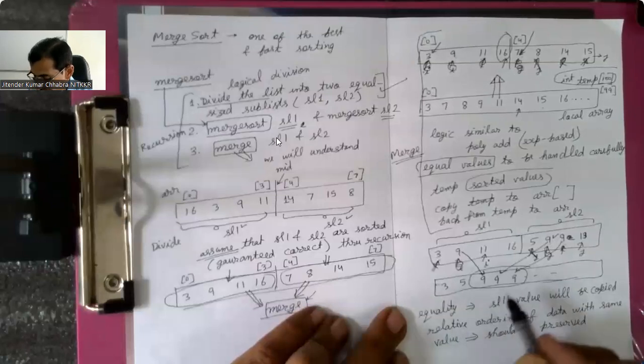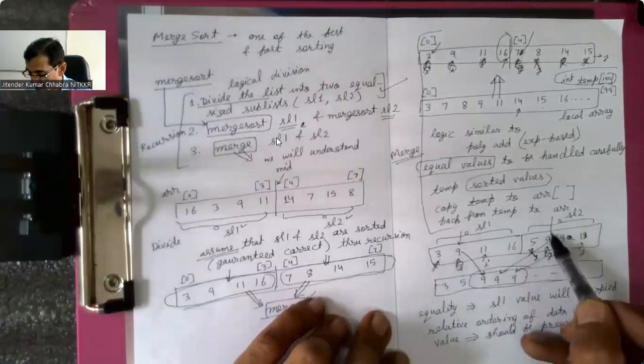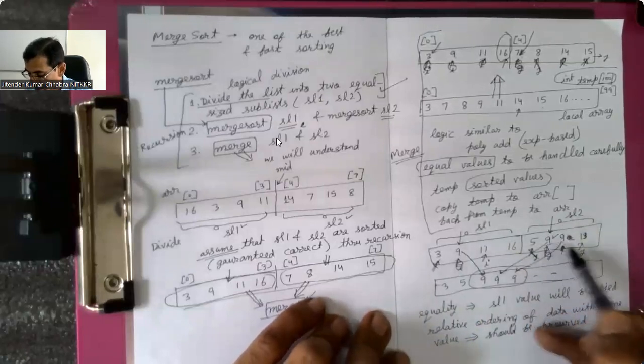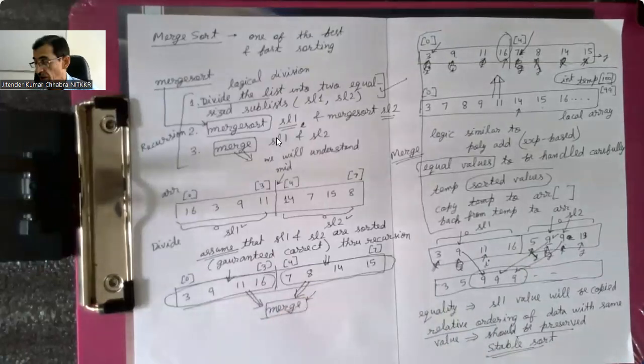What does that mean? In the original data, this 9 was coming before this 9 and this 9 was coming before this 9. I say the same ordering should be preserved. If it happens so, it is called stable sort. And merge sort is by default a stable sort. So stability should not be disturbed.